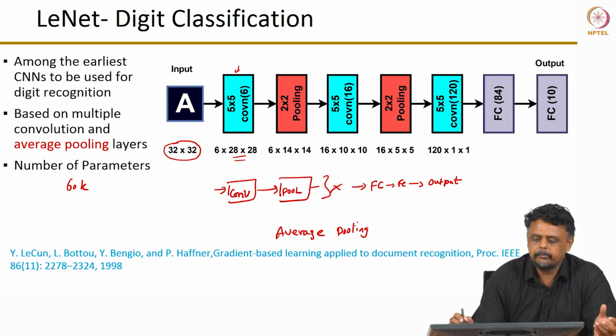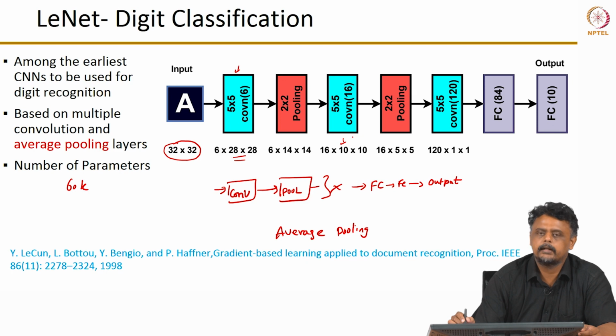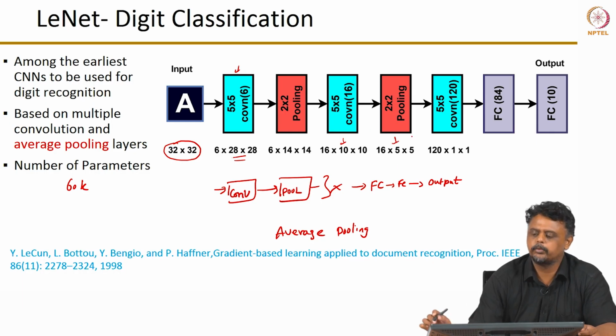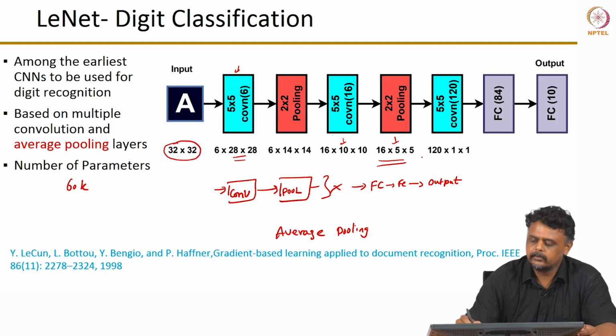The output is the average of the 4 elements in that 2 by 2 area of the filter. Then followed by a 5 by 5 convolution, again no padding, which gives rise to a 10 by 10 output. Then subsequently another 5 by 5 convolution and a max pooling, which gives rise to 16 maps of size 5 by 5.